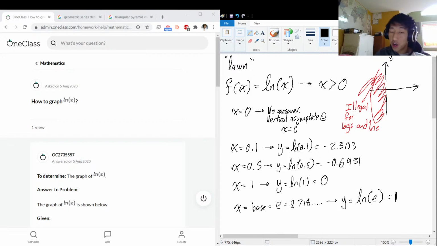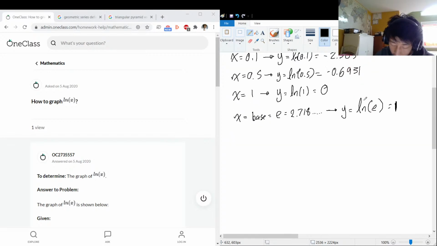So typically when you're drawing logarithm graphs, there are two nice points that you can always rely on being there: x equals 1, y equals 0, and x equals base, y equals 1. Okay, and I think that really should give us quite a lot of what we need to start drawing the graph. I will draw just the right side of it because we know the left side, when x is negative, is irrelevant.